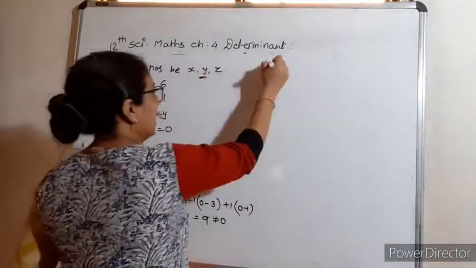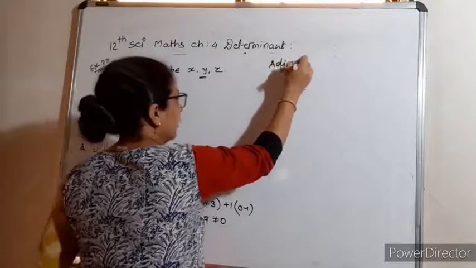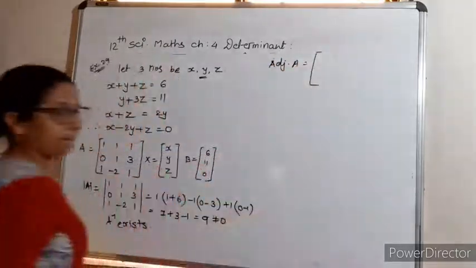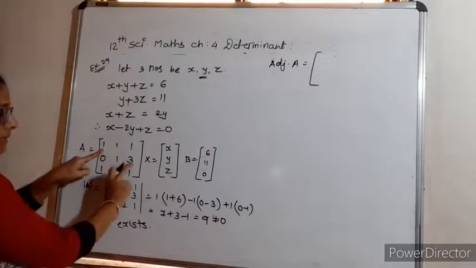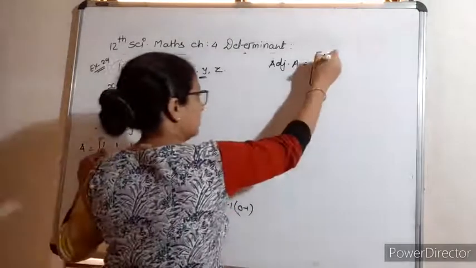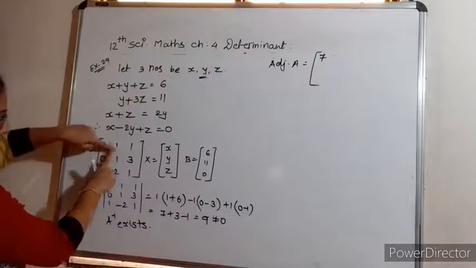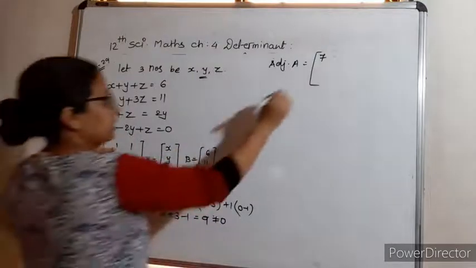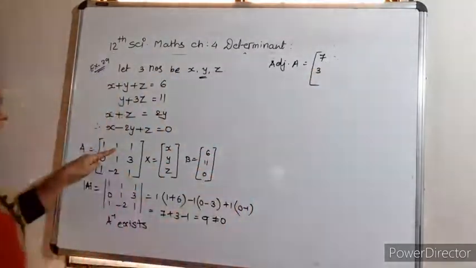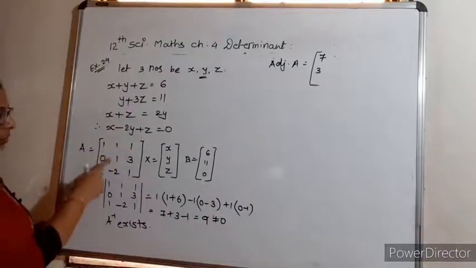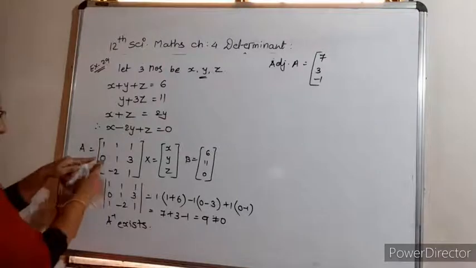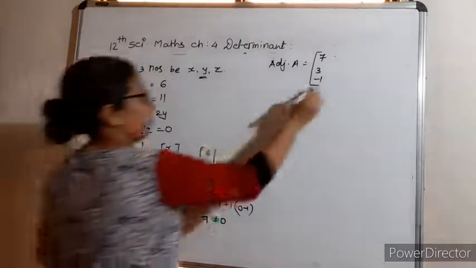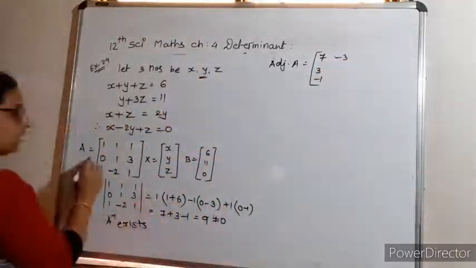Now we will find the adjoint of A. First, 1 plus 6, 7. Here 1, 0 minus 3, but change the sign. Third, 0 minus 1, minus 1. Second row, 1 plus 2, 3, change the sign.